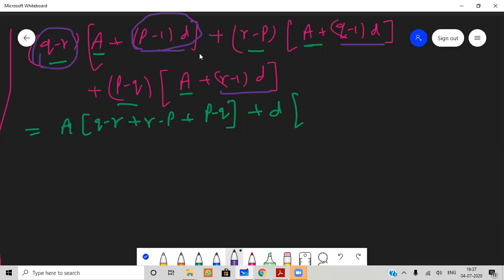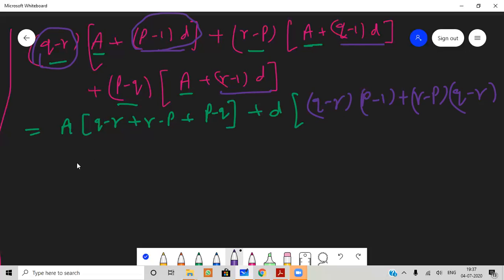So yes, d I have already written. Inside, I get q minus r into p minus 1. The same will happen for the second one, r minus p into q minus 1. You can manually also multiply without grouping it. Simply multiply; it will become a little bit longer, but I'd suggest this would be more organized.